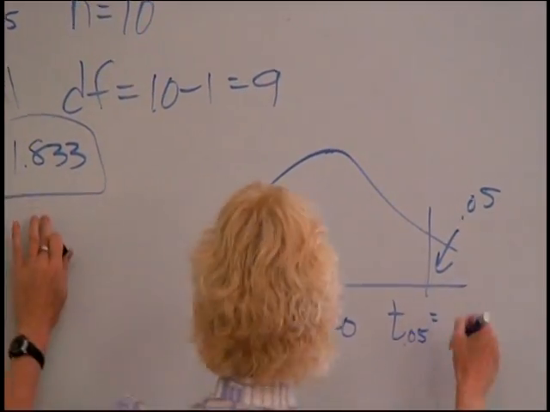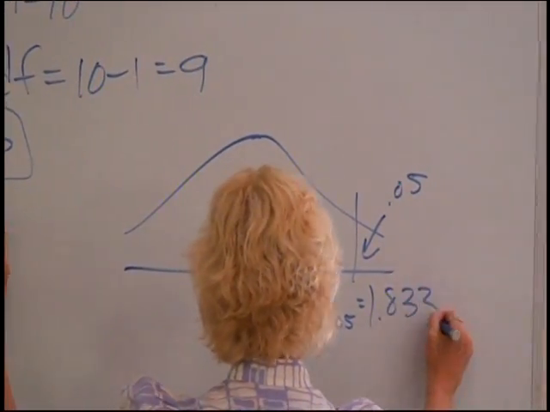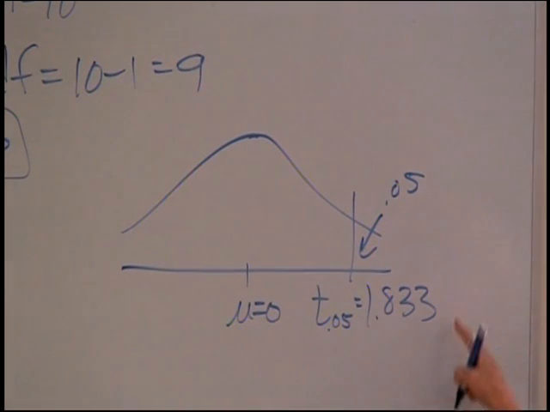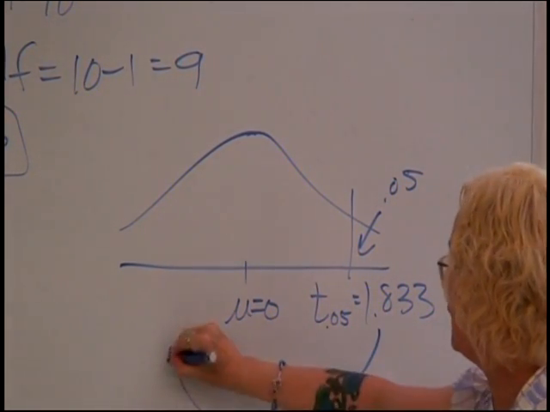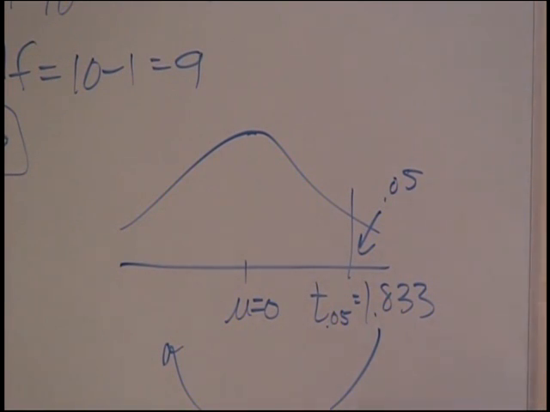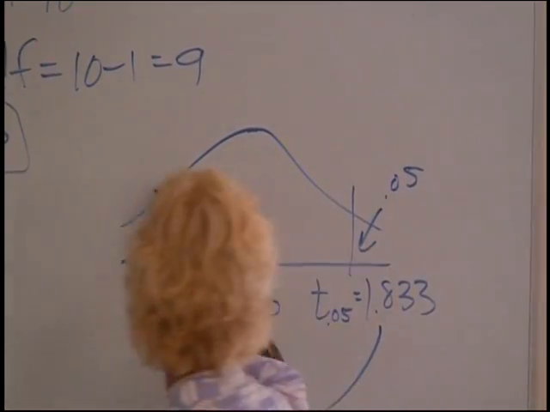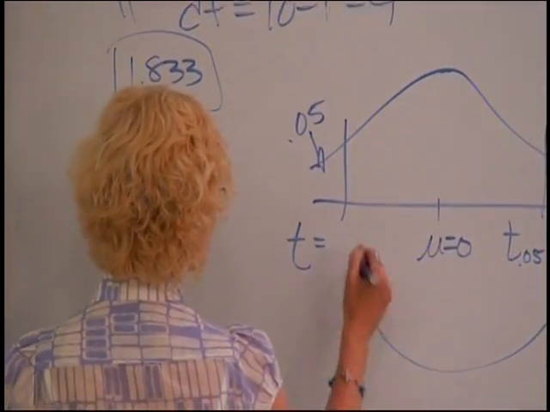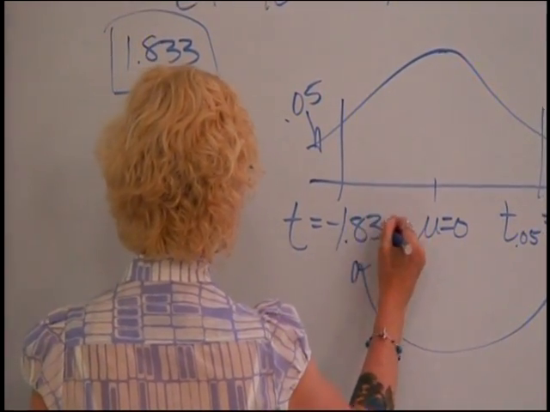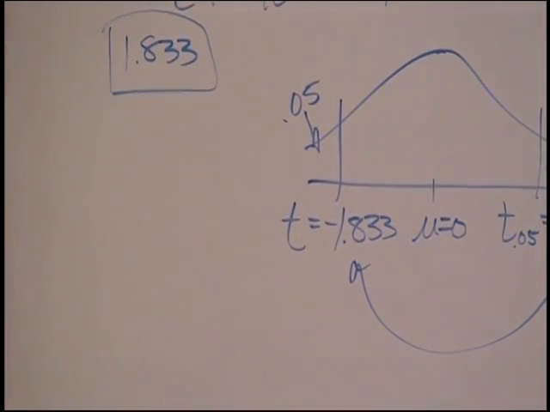In chapter 10, we're going to need the other side of the distribution from time to time, and if you've got a probability of 0.05 in the tail, then your T value over here is just going to be negative.